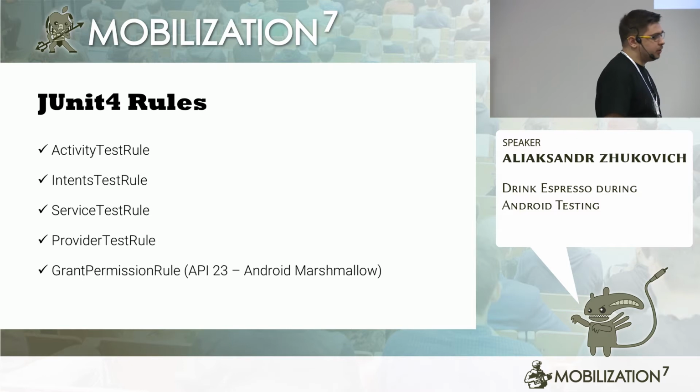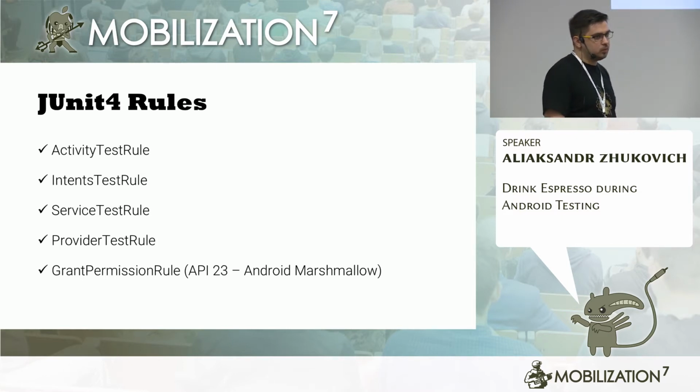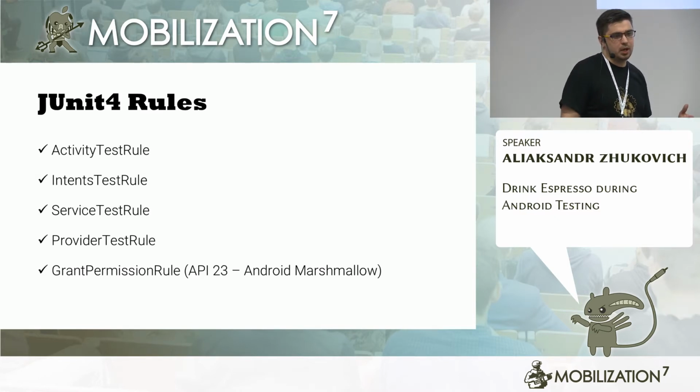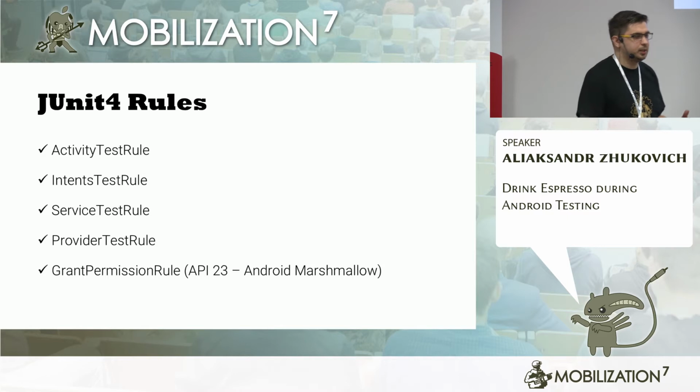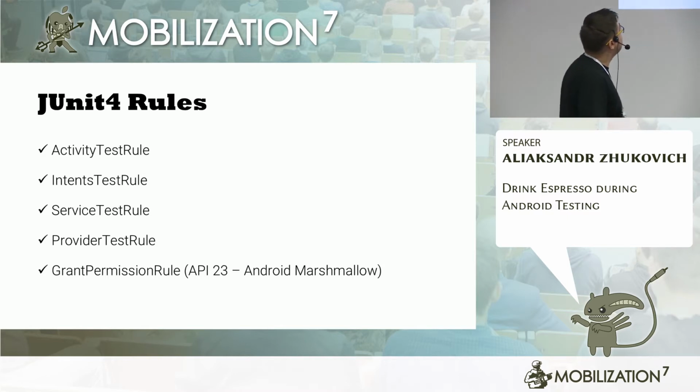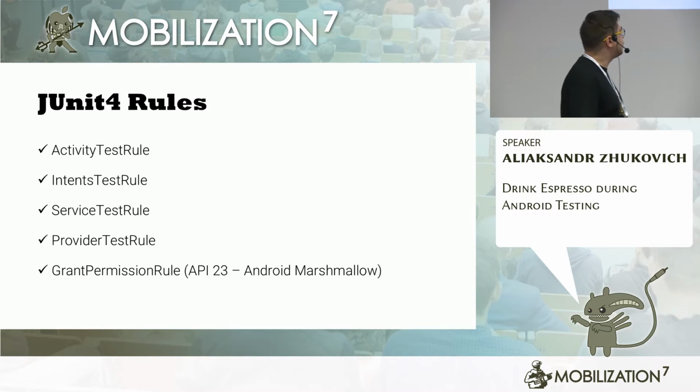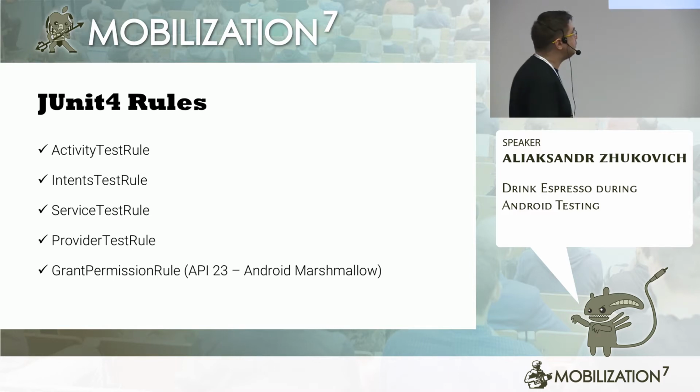Next thing is predefined JUnit rules. By default we have all default JUnit rules, but it's not enough for Android testing, and we have rules for basic Android components like activity, intent, service, content provider, and finally a rule was added for granting permissions.